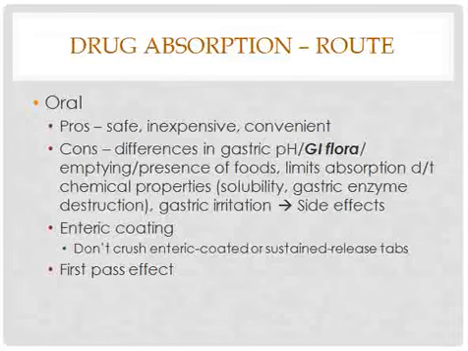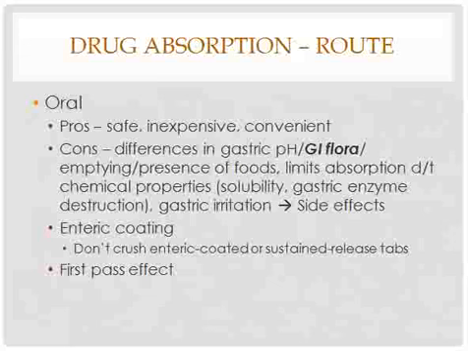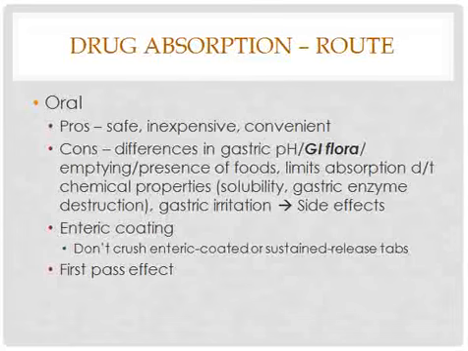Okay, and then first pass effect is only going to apply to oral medications. Basically, after food as well as medications are first absorbed into the bloodstream from the intestines and from the stomach, they're going to go through the liver first before it ever reaches its intended destination for the therapeutic effect. In going through the liver first, it can start to break down the medication in its excretable form, and in so doing, we've lost some of its therapeutic value.